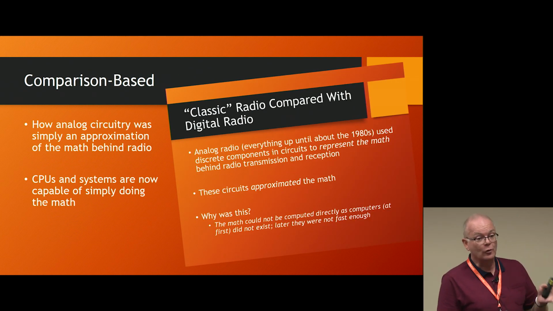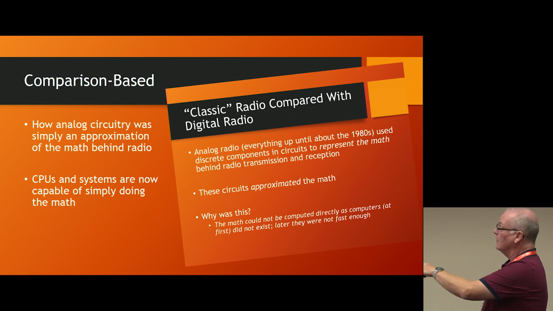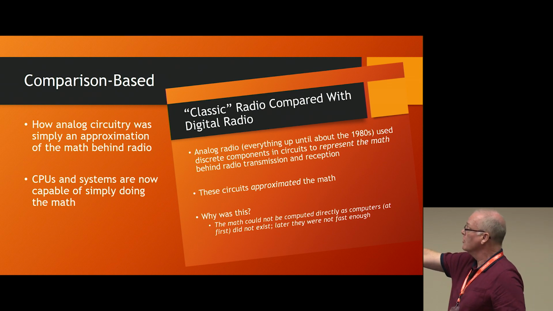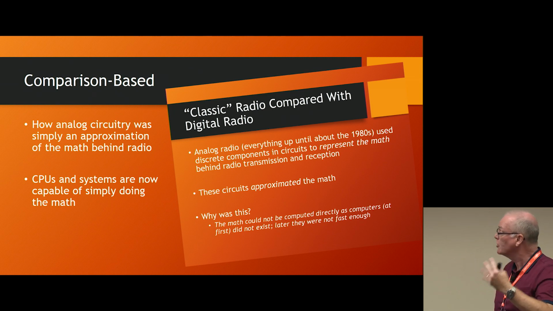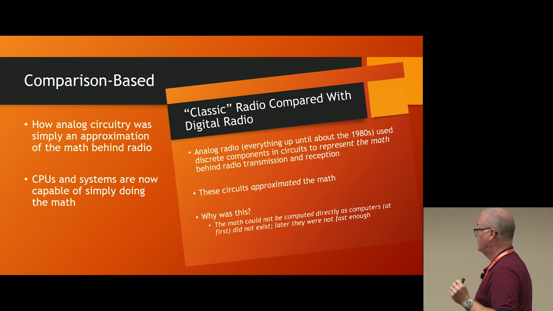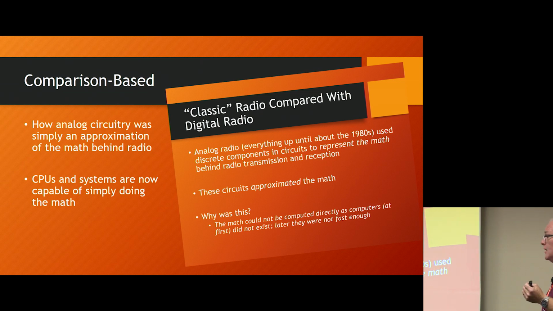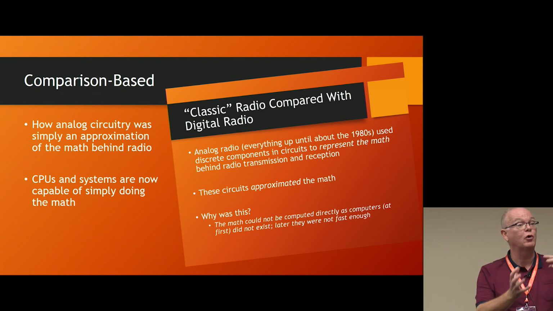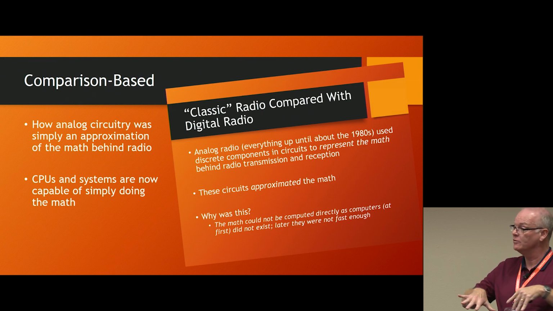And so I focus on comparisons. I compare analog circuitry with digital, and we'll get into that in a sec, but what I say is analog circuitry is simply an approximation to the math that exists behind radio. In the old days, computers didn't exist, computers weren't fast, and so we had to approximate that mathematics using inductors and capacitors and resistors and various circuits.